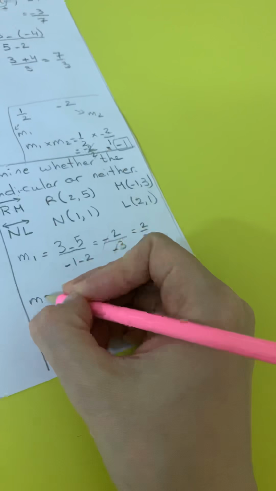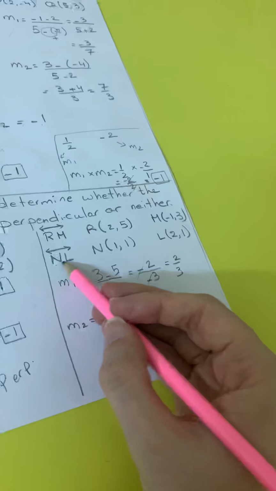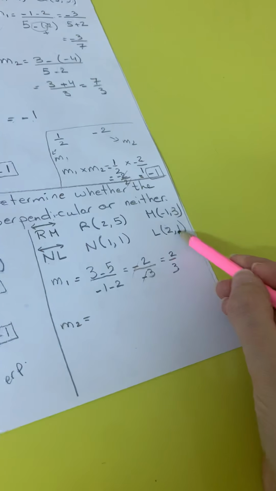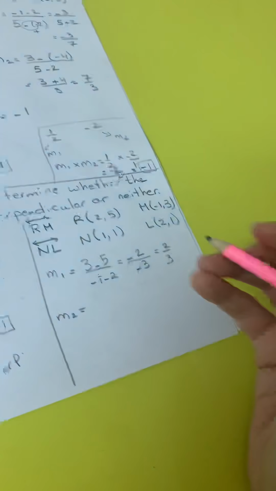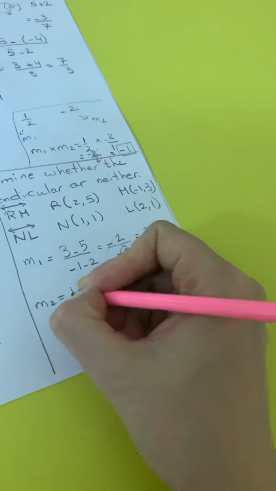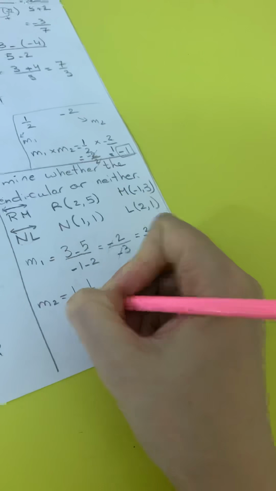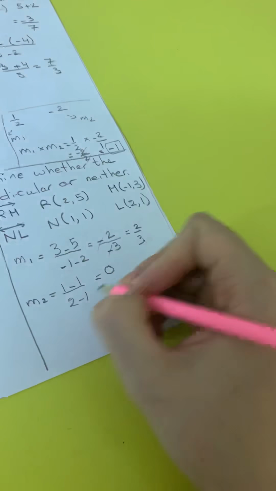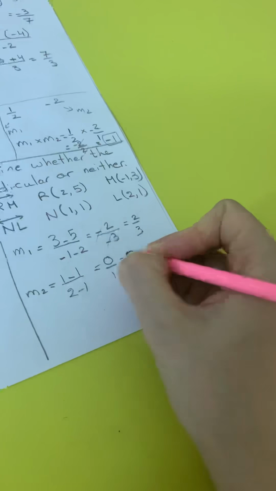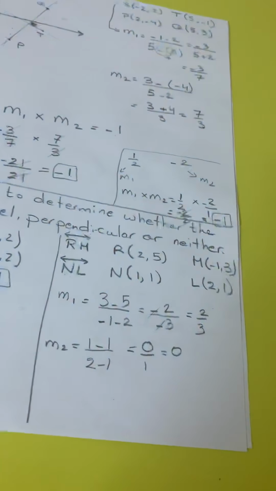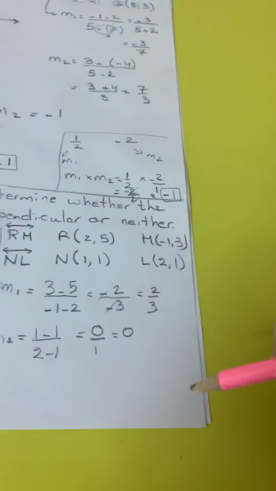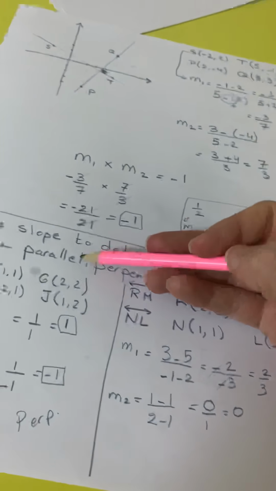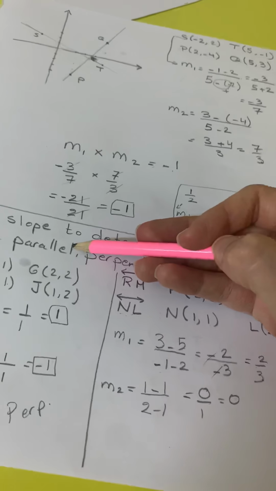Now let's try to find M2 for LL, which is 1 minus 1 over 2 minus 1, which is 0 over 1, which is 0. Now I ask myself, are the slopes equal? No, so the lines are not parallel.